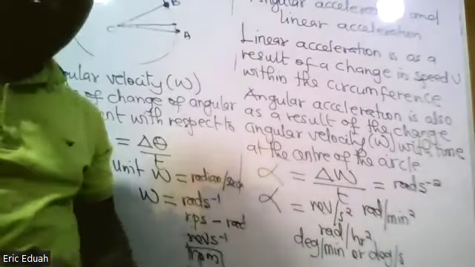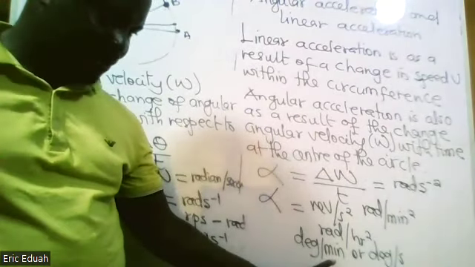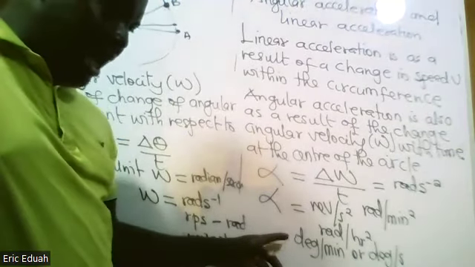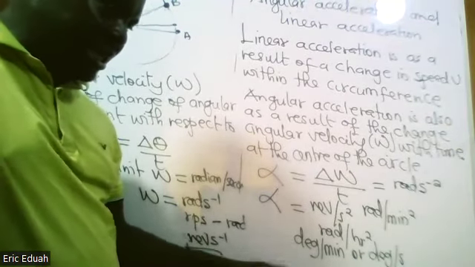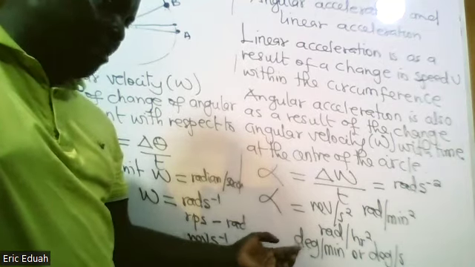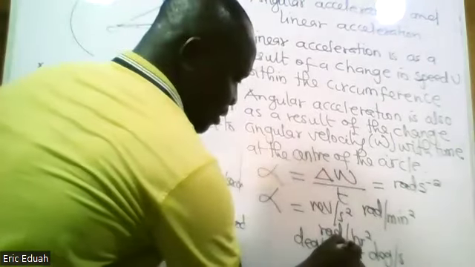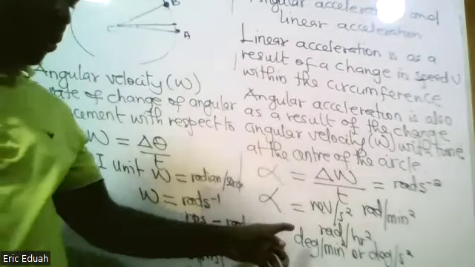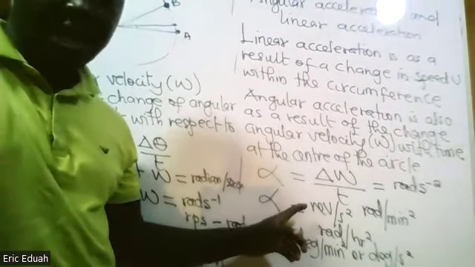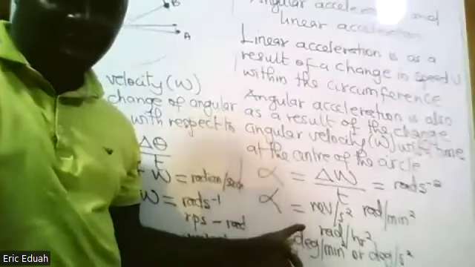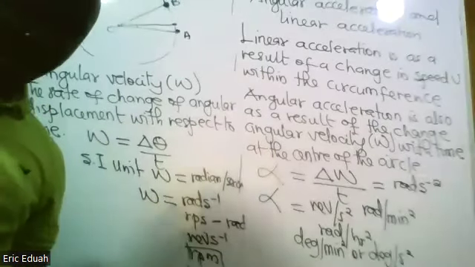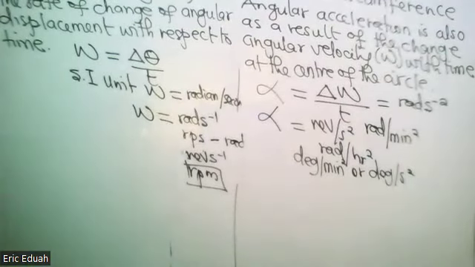I can give you a question where the angular acceleration is in degree per minute squared or degree per second squared, and you convert it to the SI unit, which is radian per second squared. So get ready for such questions.